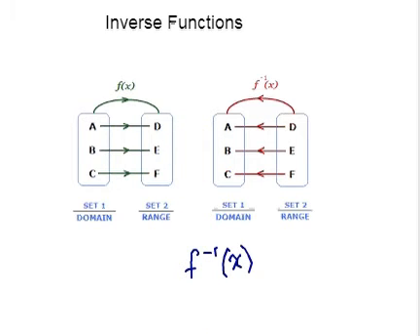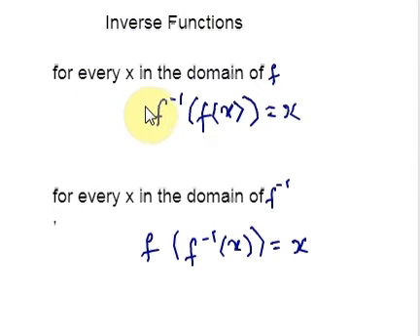For every x in the domain of f, f inverse of f of x should be equal to x. Same way, for every x in the domain of f inverse, f of f inverse of x should be equal to x. Generally, you can say this: the domain of f is the range of f inverse, and the range of f is the domain of f inverse. Hope you're clear with this point?